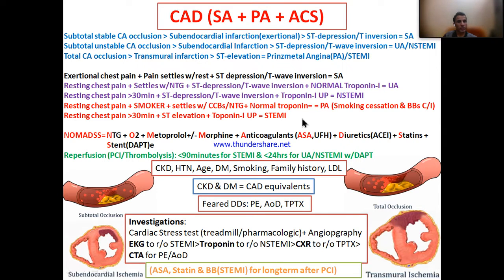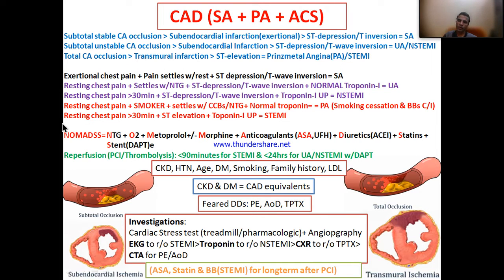In Prinzmetal angina, we need to counsel and convince the patient to give up smoking, because smoking is an extremely strong risk factor. And beta blockers are contraindicated in Prinzmetal angina, because beta blockers like propranolol will cause unopposed alpha receptor mediated vasospasm, so that will worsen the Prinzmetal angina.